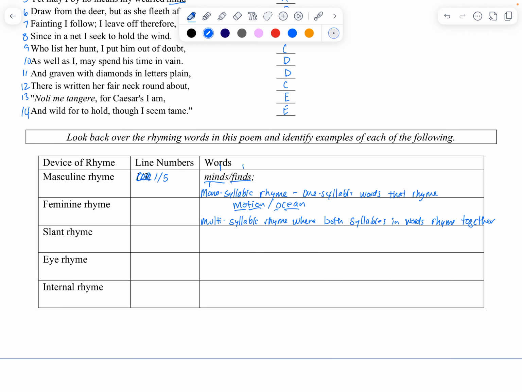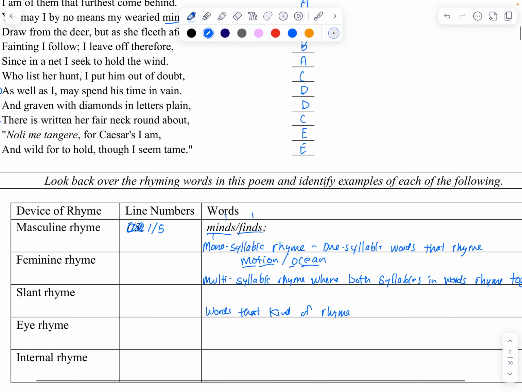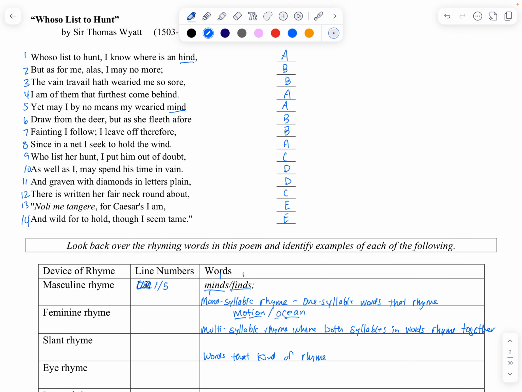Then we have slant rhymes. Slant rhymes are words that kind of rhyme with each other. Excuse me. Such as the words am and tame.